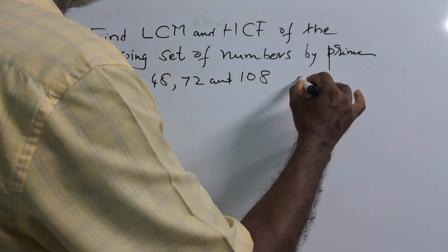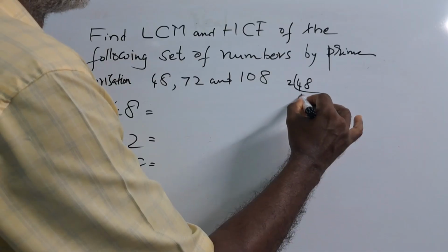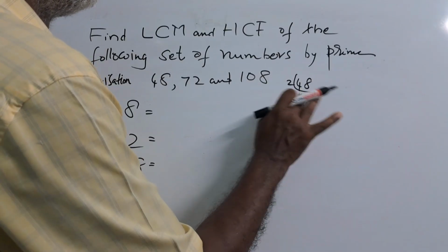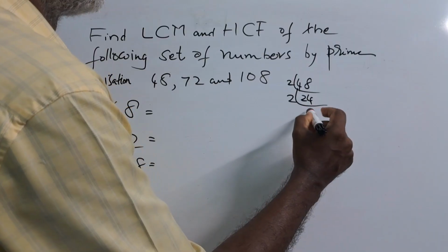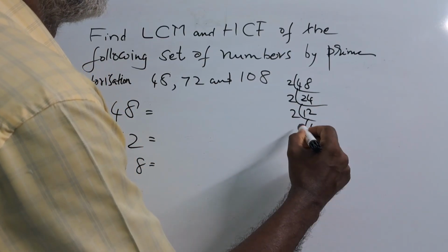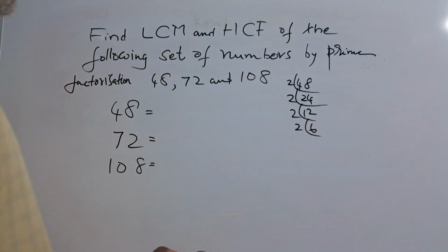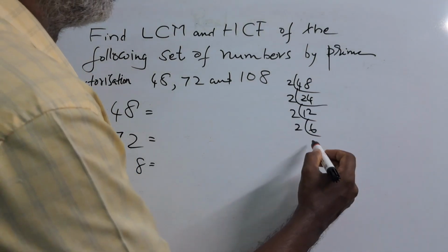Let's prime factorize these numbers. 48. 48 can be divided by 2, you get 24. Again by 2 you get 12. Again by 2 you get 6. Then dividing 6 by 2 you get 3.